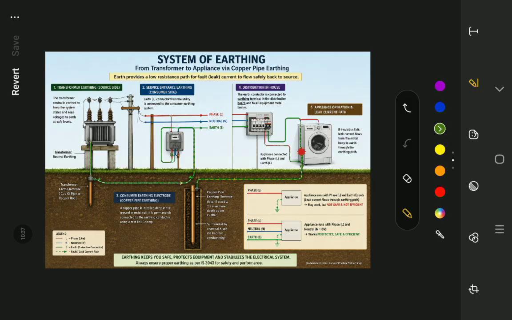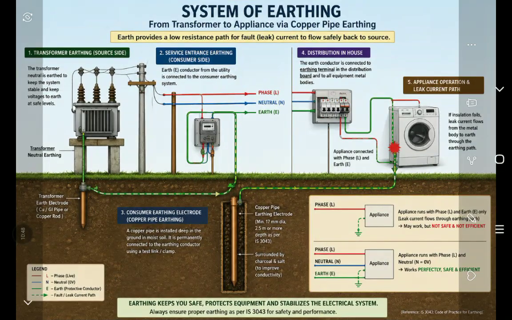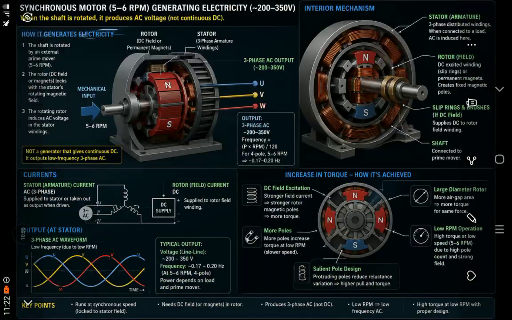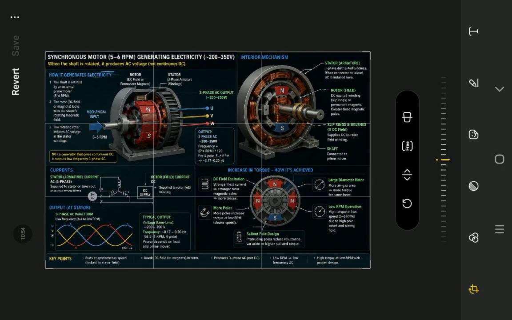So this is about the system of earthing. This is not about any free way to get electricity, but it ensures that we and our appliances are safe.